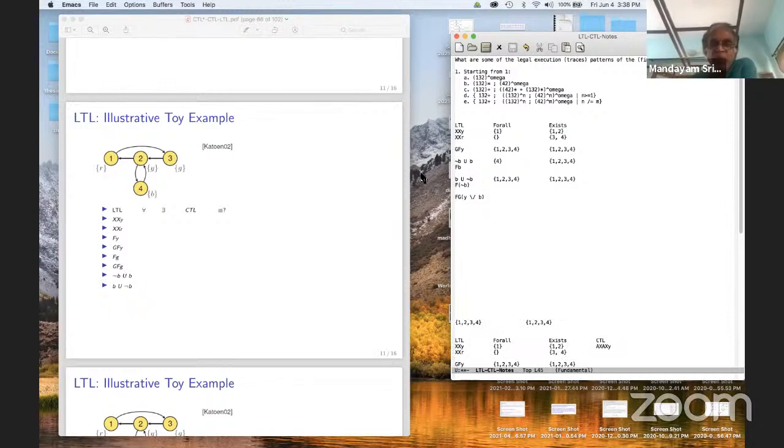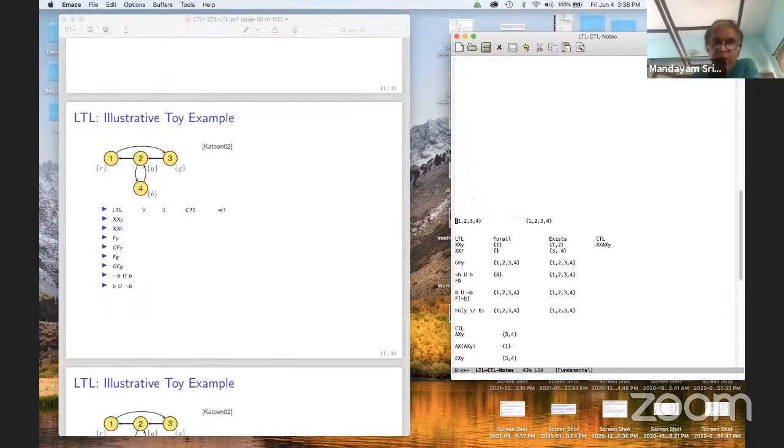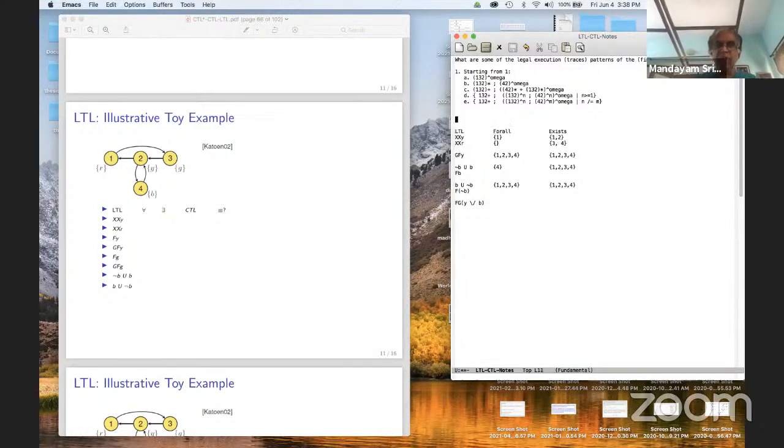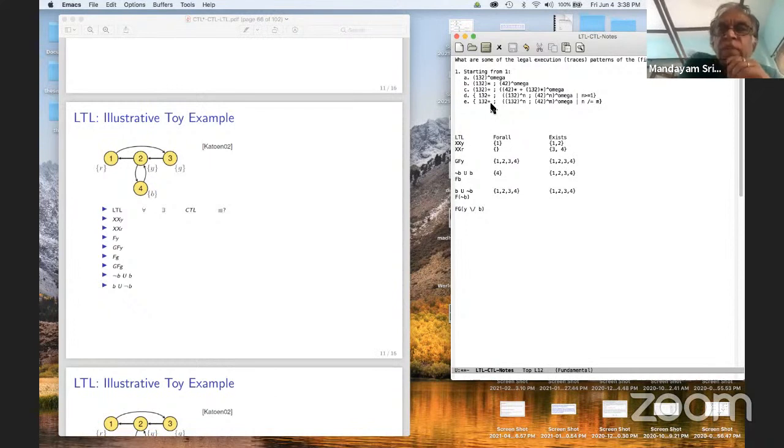So let's go through these solutions. Before I start and discuss the solution for that, I want to ask what are some of the legal executions before we get to this LTL formula satisfaction solution.